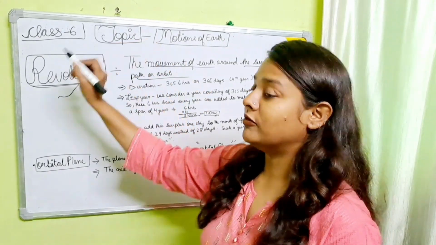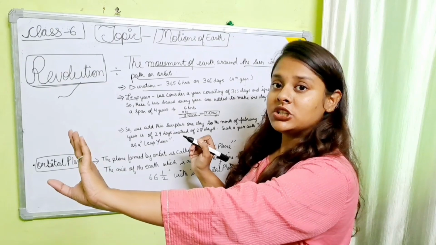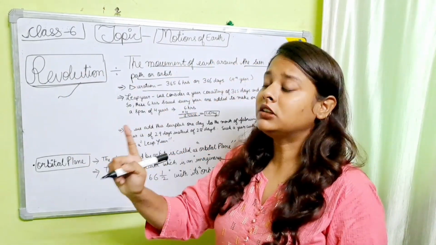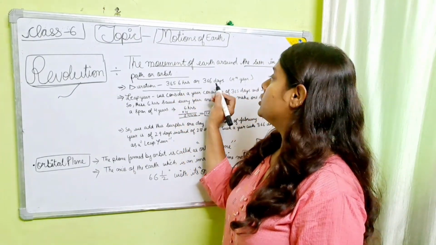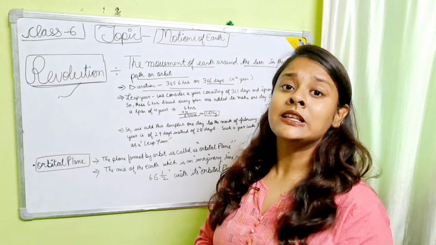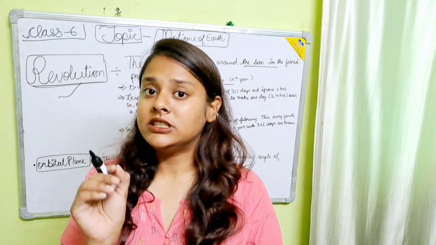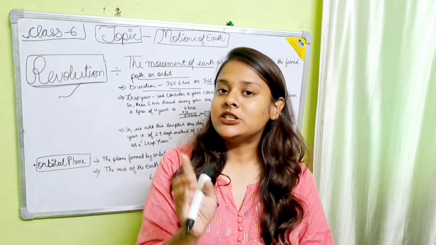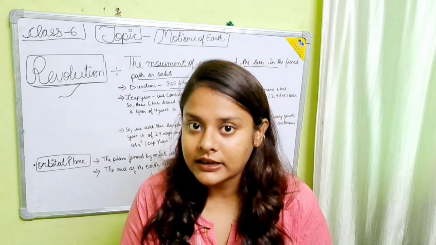Now duration. Earth takes 24 hours to complete one rotation, whereas it takes 365 days, 6 hours, or 366 days to complete one revolution around the sun.